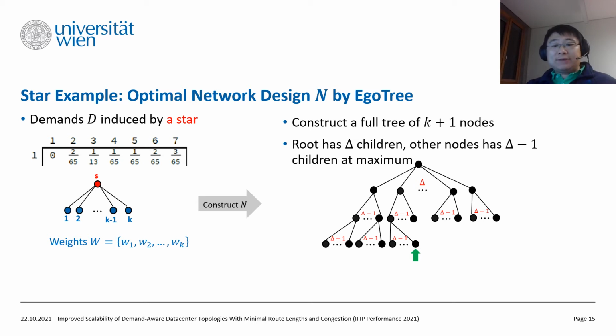We especially require that this is a full tree, such that you couldn't insert nodes between these nodes anymore without violating this restriction. They can only insert nodes after the last nodes. This is what we call an Ego-tree.